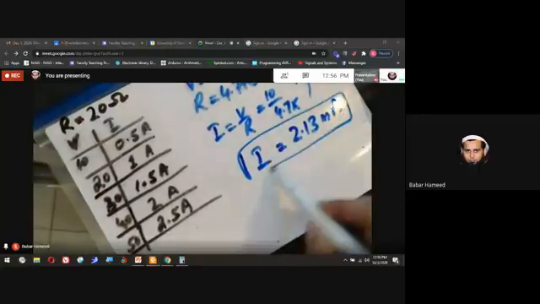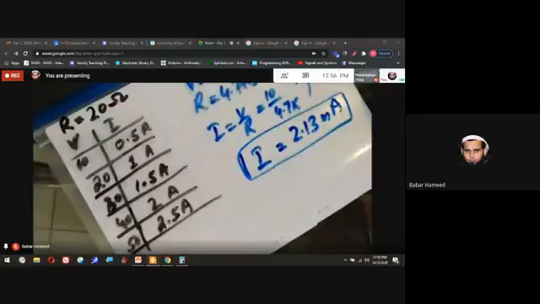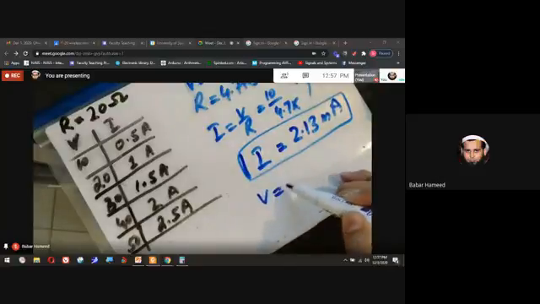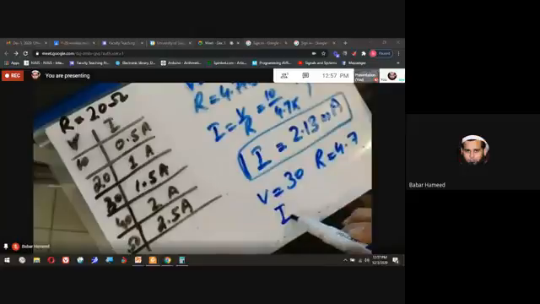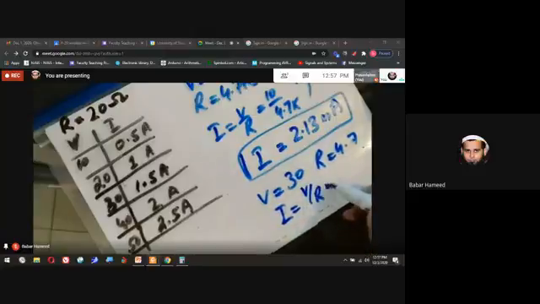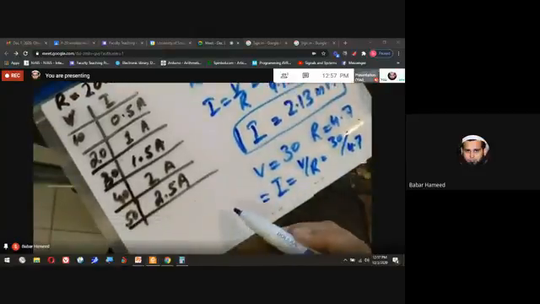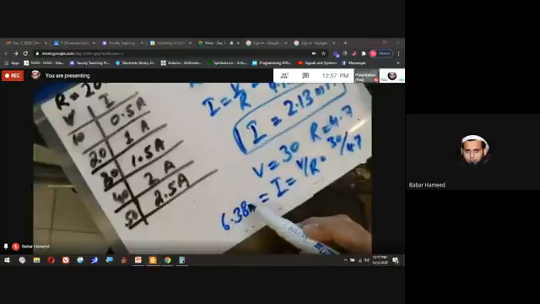What if voltage becomes 3 times its present value? Let us say V becomes 30 and R stays 4.7. As per our previous observation, current will also be 3 times the current value. Here 30 over 4.7 will be equal to 6.38 milliampere.